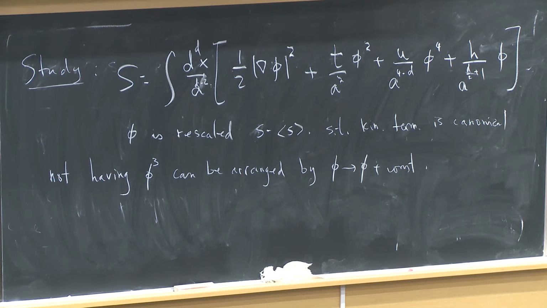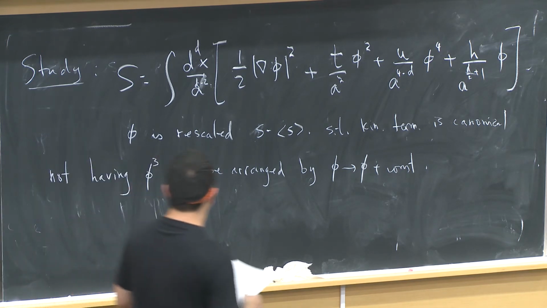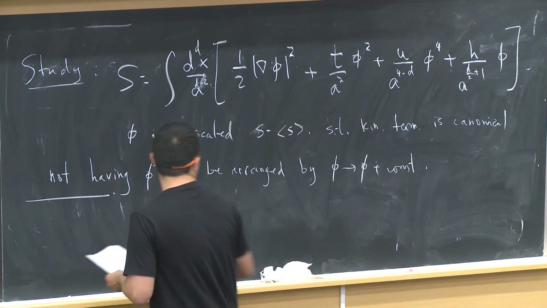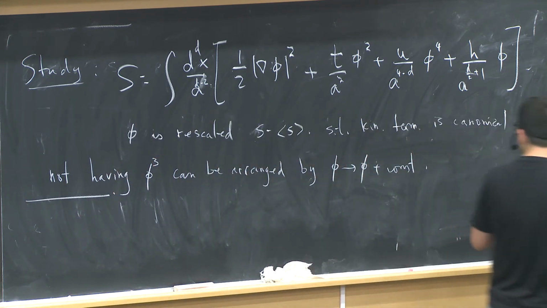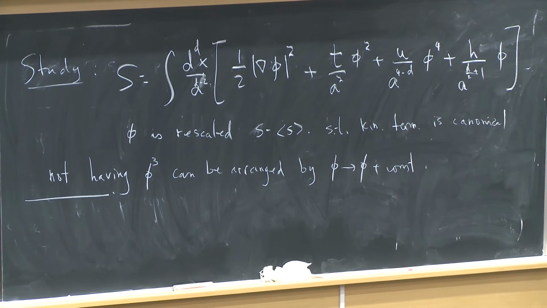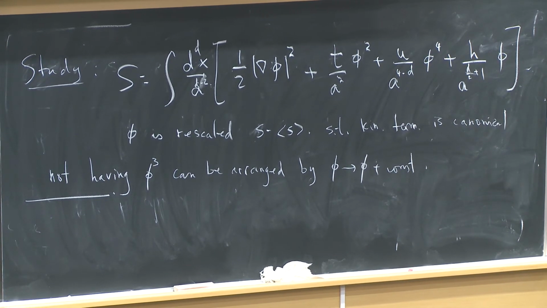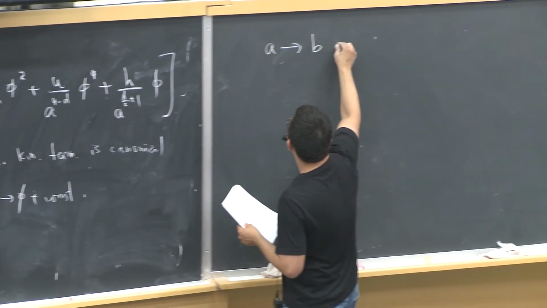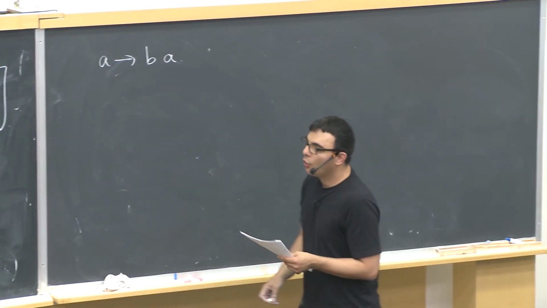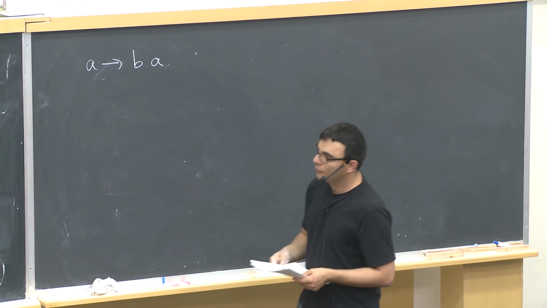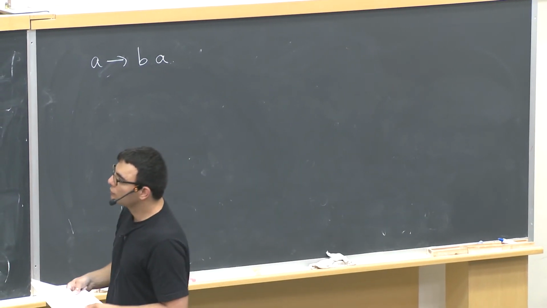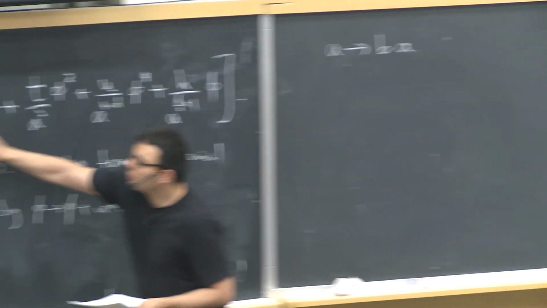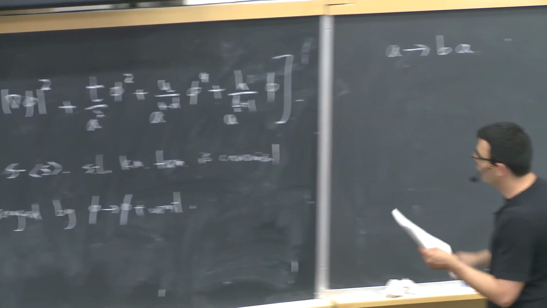And so this action under these RG transformations is invariant. The fields and the couplings have the following transformation properties. We're sending a to b times a, and we want the whole thing to be invariant. So in order for this term to be invariant, we have to rescale phi.